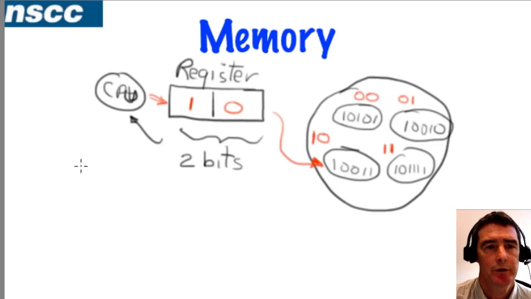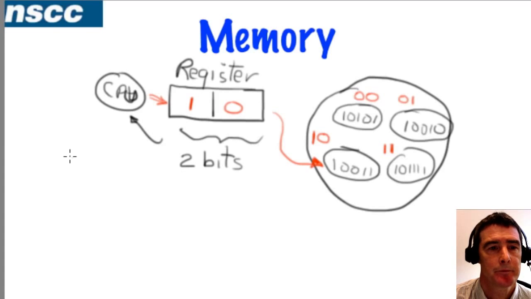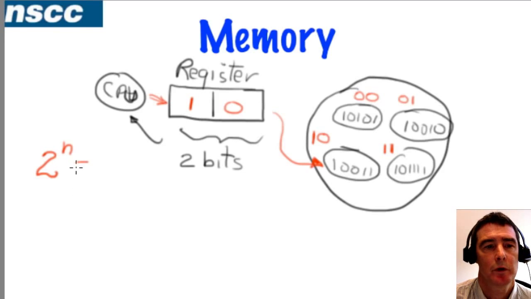So the size of registers inside a CPU can determine how much memory I can actually access. If we look at this example here, I can only access 4 locations of memory. So if I've got a memory system that's got 7 locations, I can't access it all because I'm only using a 2-bit register. How many locations I can actually access is given by a formula 2 to the n, where n is the number of bits I have here.